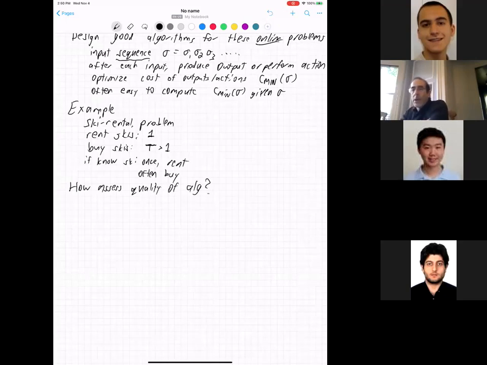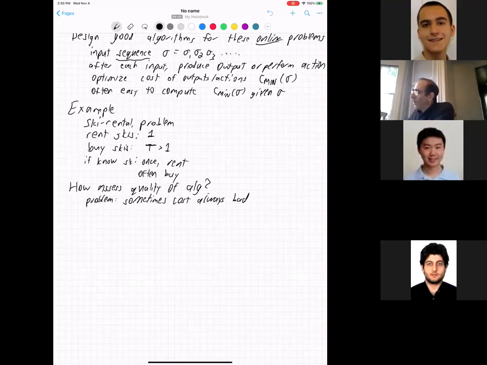So, one problem is, the most obvious thing to do would just be to look at the cost of your algorithm on the sequence, right? The problem is that sometimes there's no good cost. Sometimes the cost is always terrible. If you put some money into the stock market and then the stock market just goes down every day, there's really no way for you to do well.